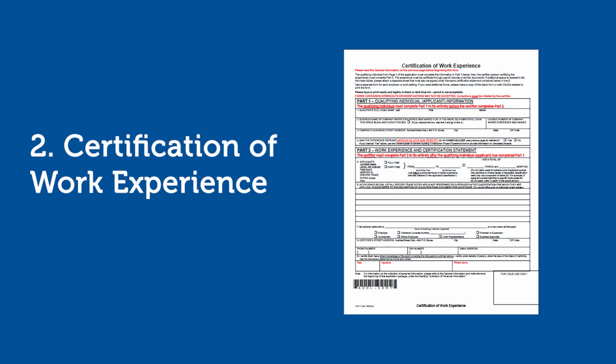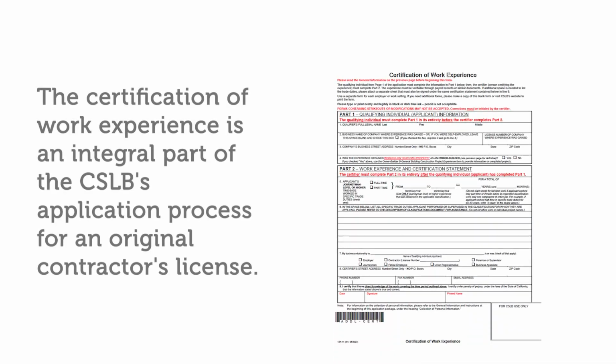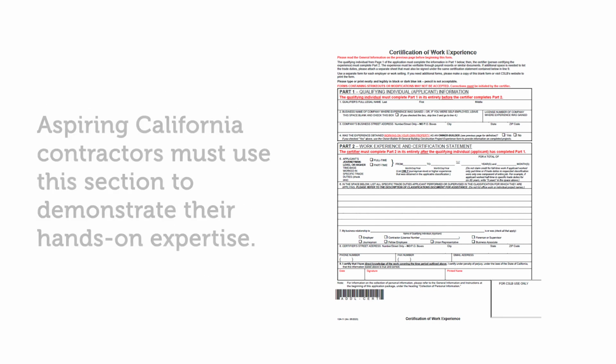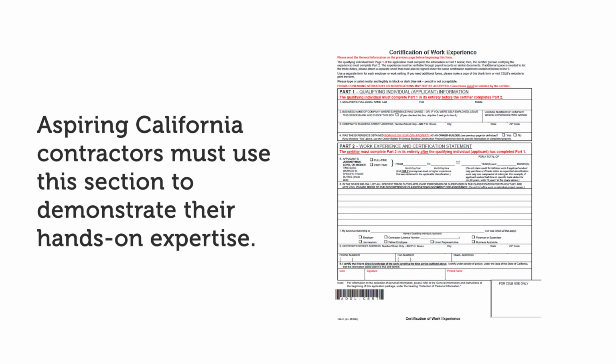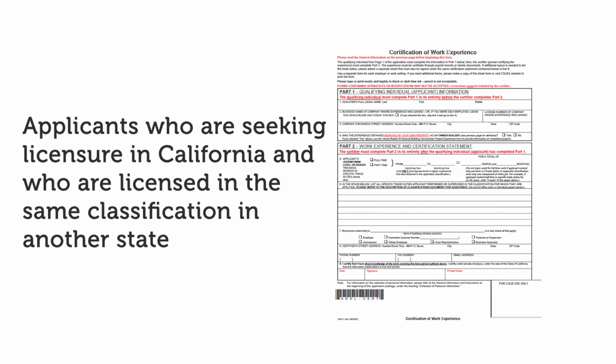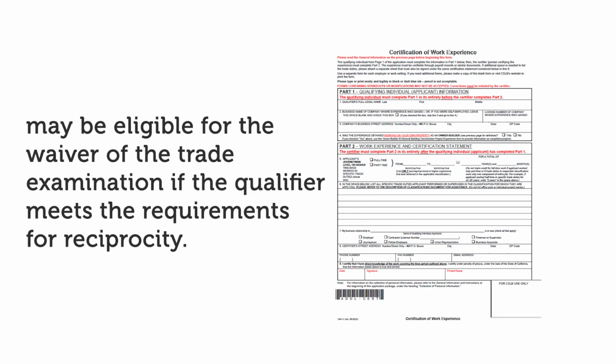Certification of work experience. The certification of work experience is an integral part of the CSLB's application process for an original contractor's license. Aspiring California contractors must use this section to demonstrate their hands-on expertise. Applicants who are seeking licensure in California and who are licensed in the same classification in another state may be eligible for the waiver of the trade examination if the qualifier meets the requirements for reciprocity.